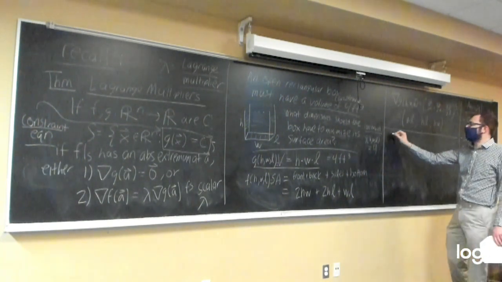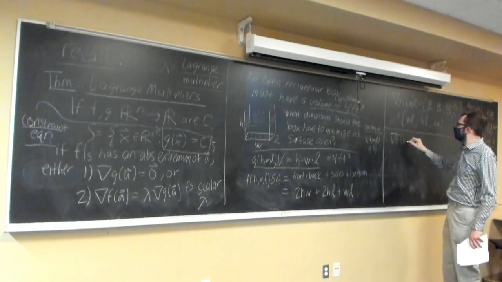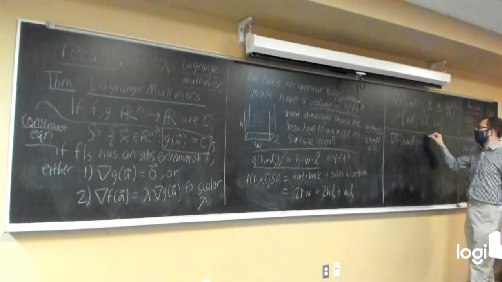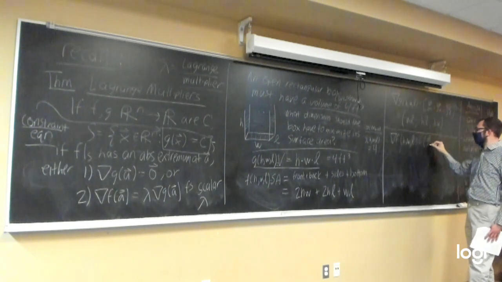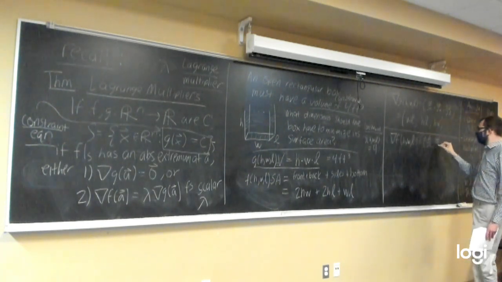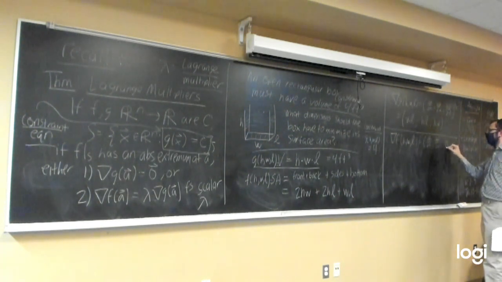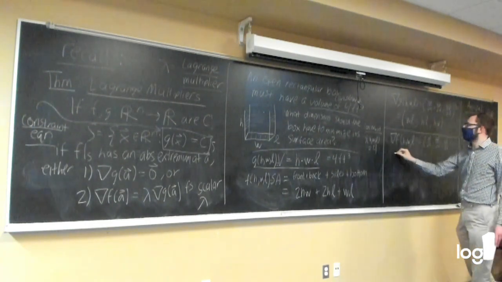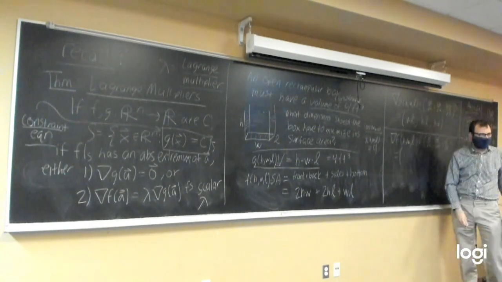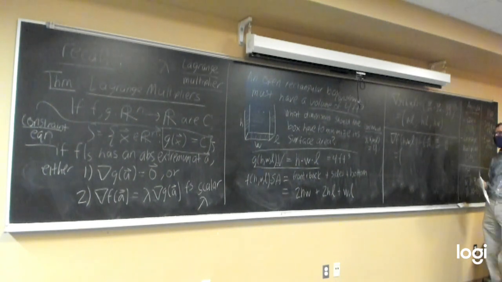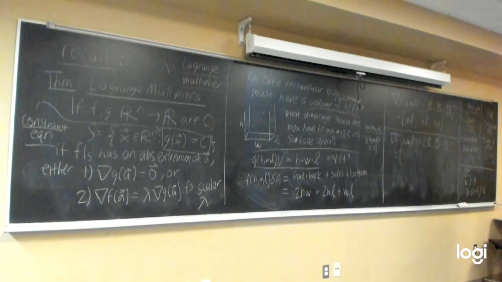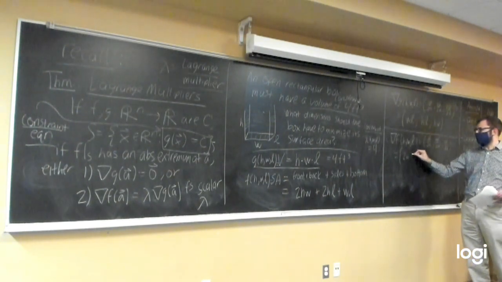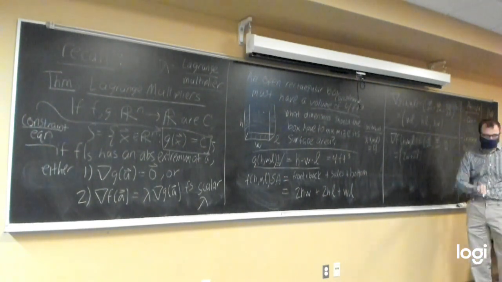And now, if we want our gradient of F, we can take del F del H, del F del W, and del F del L. John, what's our del F del H going to be? 2W plus 2L.